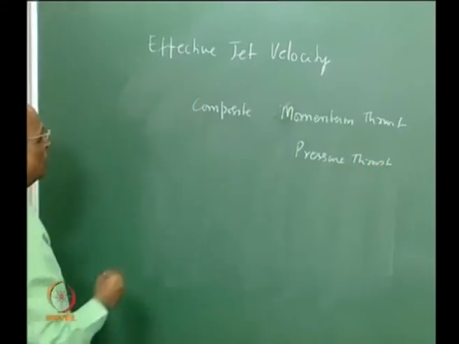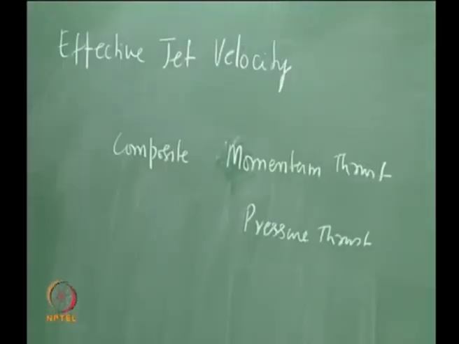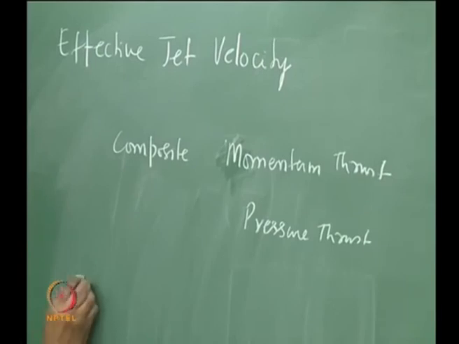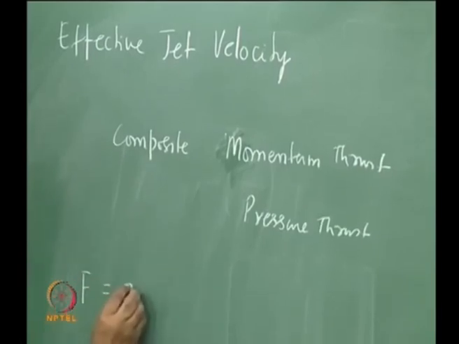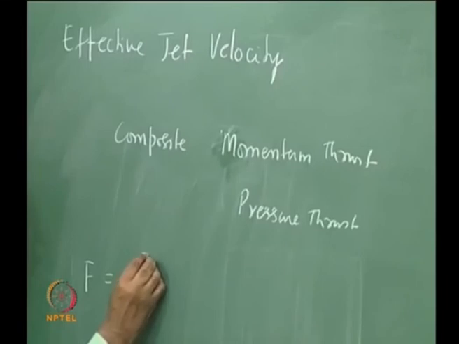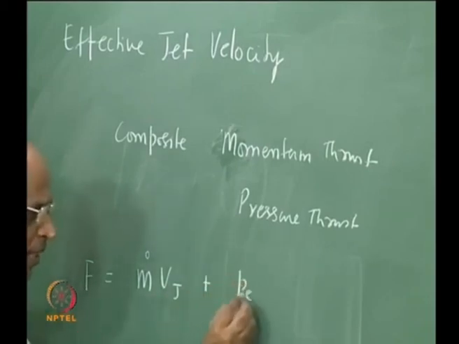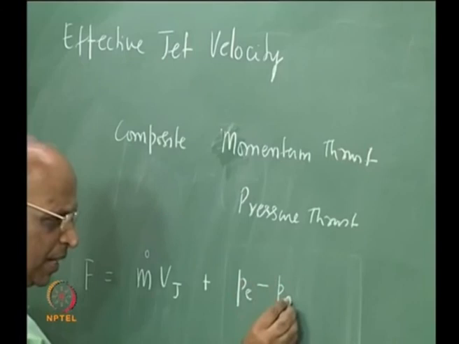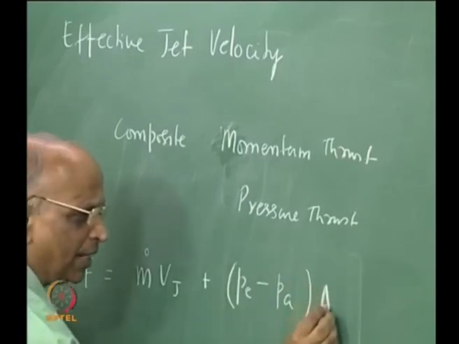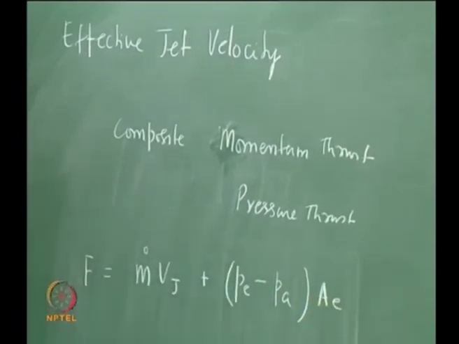Let us examine what this effective jet velocity is. Let us say that the total thrust is given by the momentum thrust, which is equal to m dot into Vj, and the pressure thrust is because at the nozzle exit the pressure Pe is greater than Pa, and into Ae, this becomes the pressure thrust.